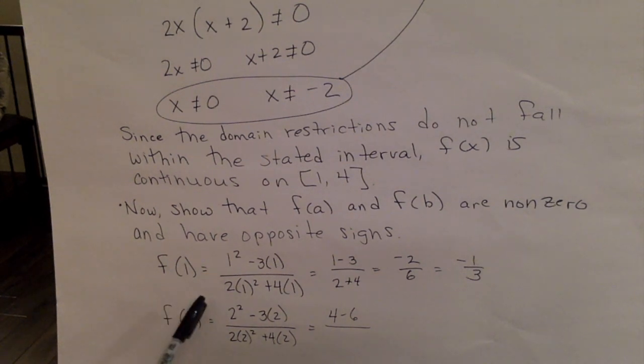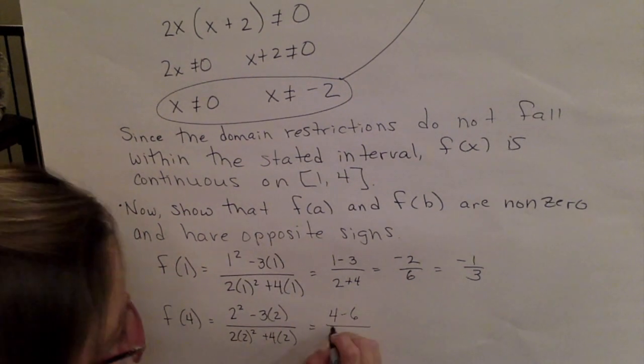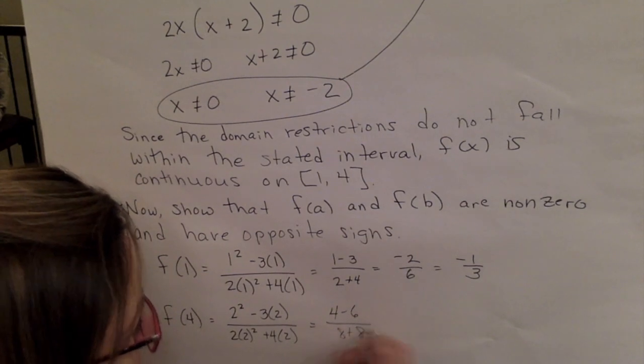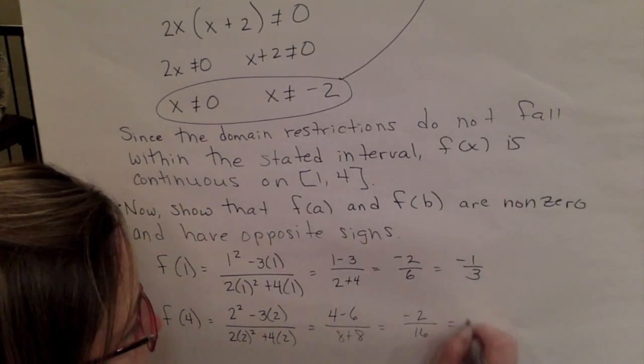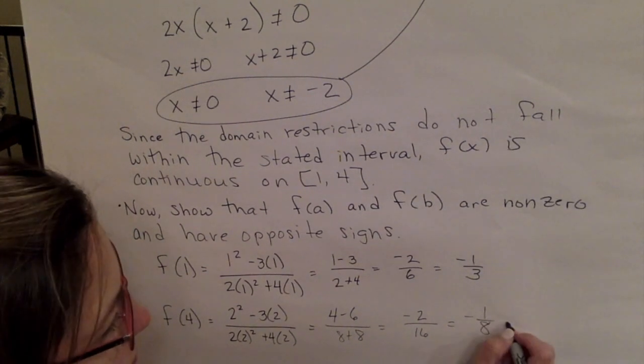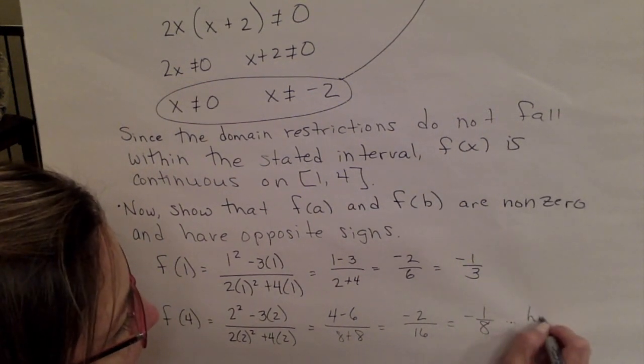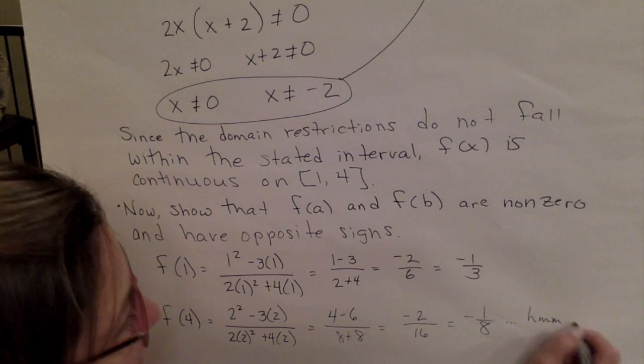Did I do that right? Maybe I wrote it down wrong. 3 times 2. No? Okay. 2 times is going to be 8 plus 8. This is also negative, though. I feel like I might have written something down wrong.